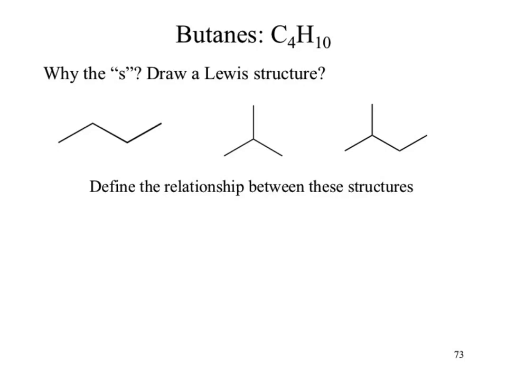How about I throw that next one in? We just said these two were different. What's the relationship between these two? That has an extra carbon. So are those the same? No, absolutely not. Too many carbons can't be the same. So they're different? Yes.